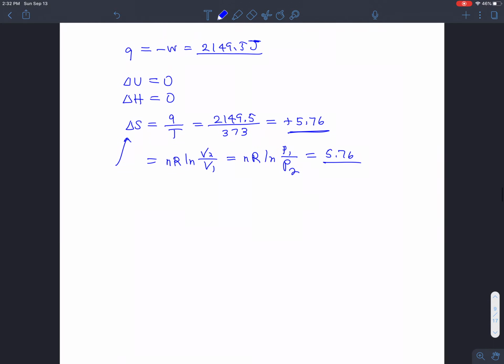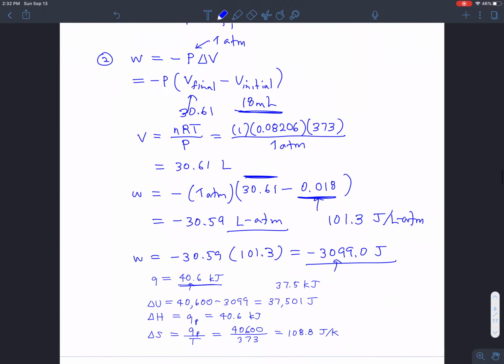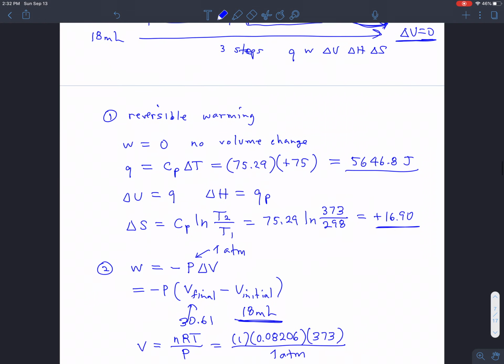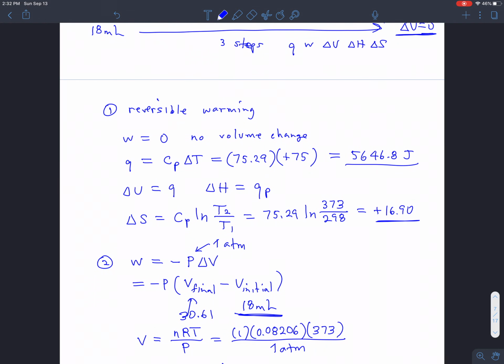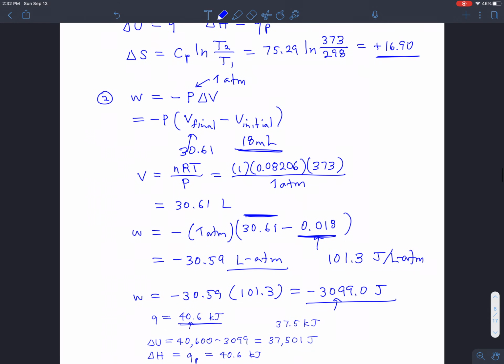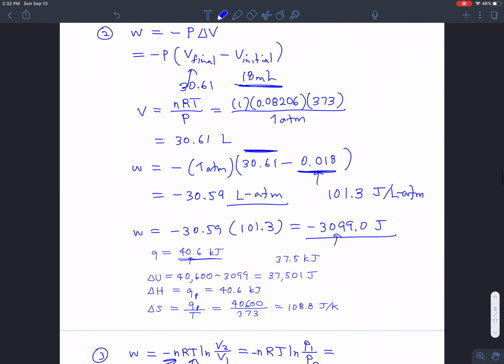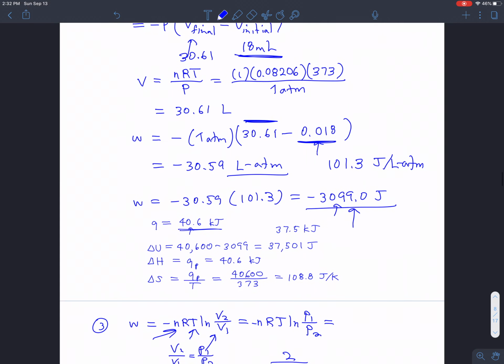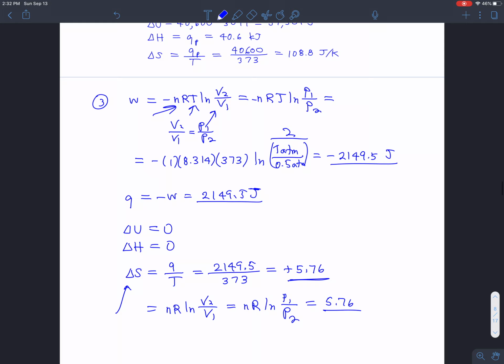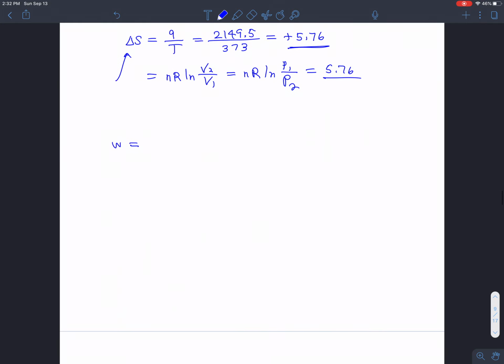So W total, let's do first, is equal to 0 for step 1, minus 3099 for step 2, and minus 2149.5 for step 3.